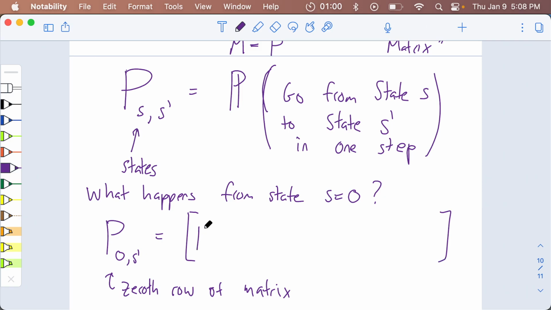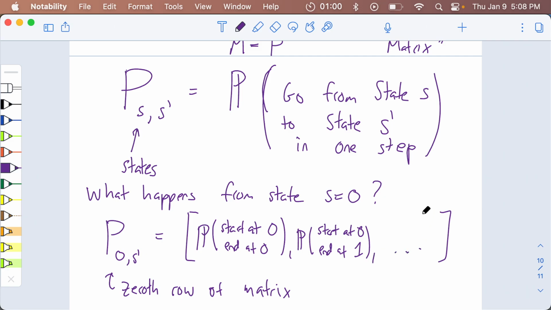So it's the probability you start at 0 and end at 0, and then the probability you start at 0 and end at 1, and so on, all the way up to start at 0 and end at 9. So I put it in the 0th row. This top row tells you all these probabilities.